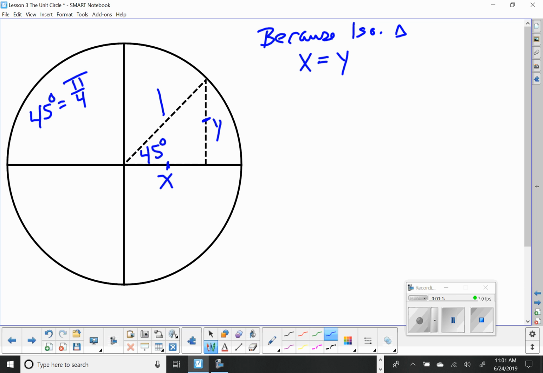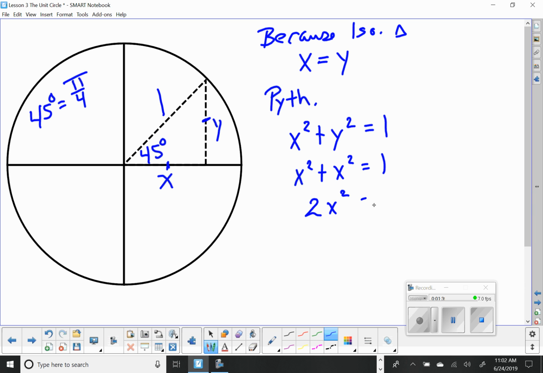They're the same. So now I can use the Pythagorean theorem to state that x squared plus y squared is equal to 1. But since x and y are the same, I can say that x squared plus x squared is equal to 1. That gives me 2x squared is equal to 1.